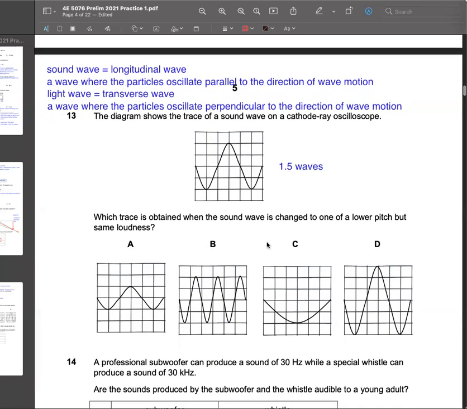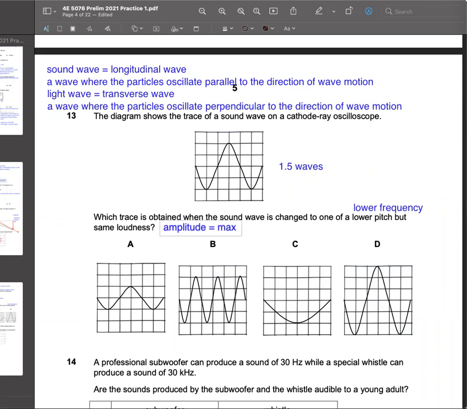All right. So in this case, lower pitch means lower frequency. Same loudness means same amplitude. Okay, what is amplitude? The distance between the crest and the equilibrium.